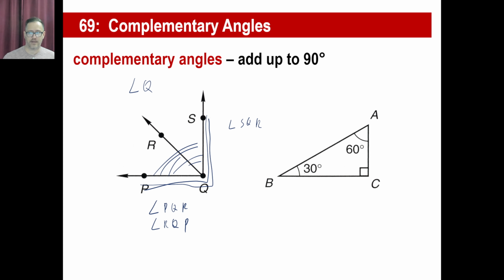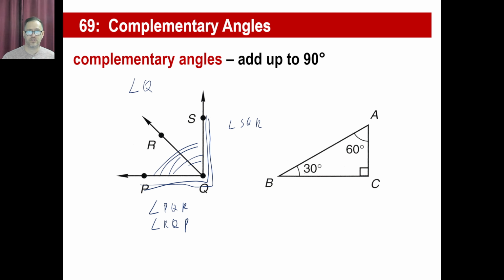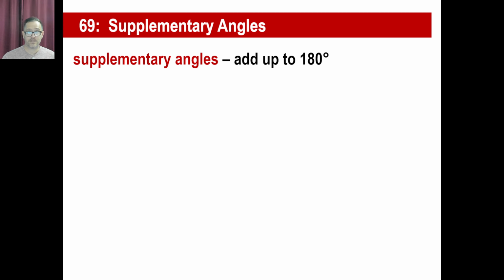Complementary angles add up to 90 degrees. Don't forget, that's called a right angle. Okay? Supplementary, they add up to 180 degrees, which is a right angle and another right angle. So the whole thing looks like a straight line. In fact, sometimes they're called straight angles, supplementary angles. So you can go alphabetical: C, complementary, comes before S, supplementary. So 90 comes before 180.